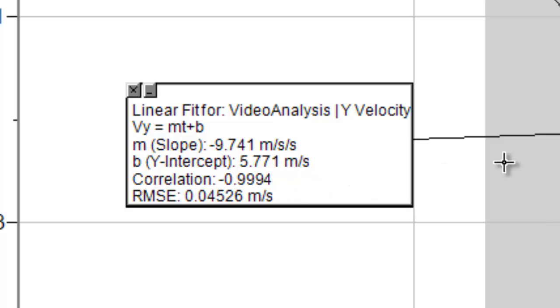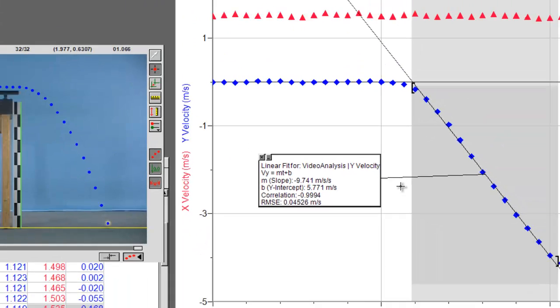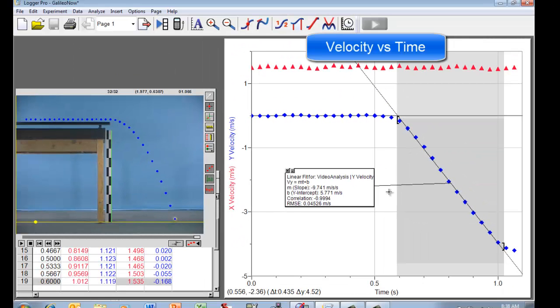That's actually very good data. We were expecting that. The acceleration in the vertical direction should be negative 9.8 if we're on the surface of the Earth. So actually our data is very good for proving the fact that in a projectile motion, the only force acting on the object is the force of gravity in the down direction.